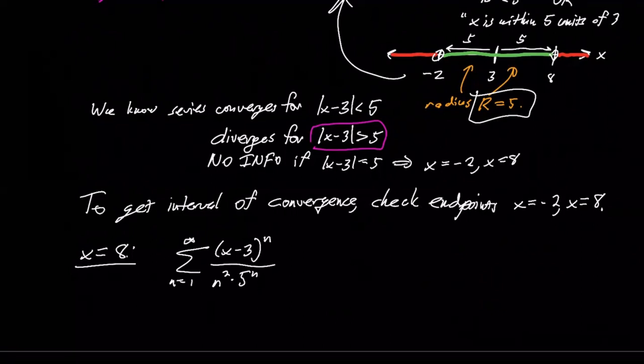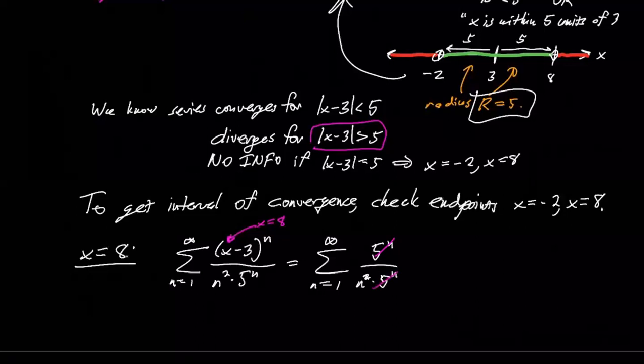If we plug in x equals 8 right here, then that just becomes 8 minus 3, which is 5. So we get the sum n equals 1 to infinity of 5 to the n over n squared times 5 to the n. And very similar to the other example we did, the 5 to the n's cancel.